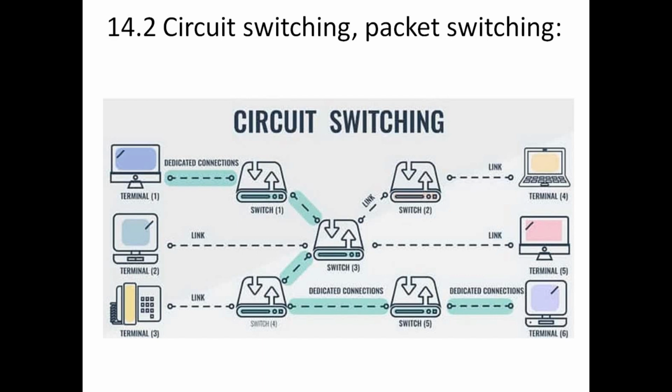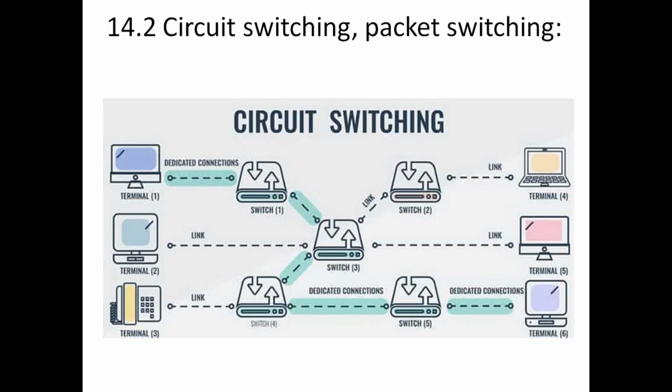These three are your terminals. It is linked to switch. As you can see, this green highlight shows a dedicated path. You were terminal 1 trying to send a message to terminal 6. A dedicated path is created for you from the network, and as long as the communication is ongoing, as long as the call is ongoing, nobody else can use this path.